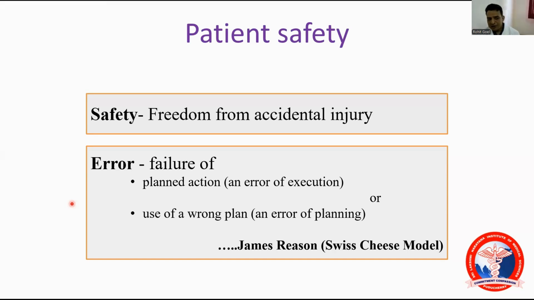From a practical standpoint, an error can be an error of planning or an error of execution. An error of planning is when there is a lack of planning or a defective plan is chosen. In an execution error, the planned activity has already been outlined, but it is not followed in the proper manner as it was desired or planned.